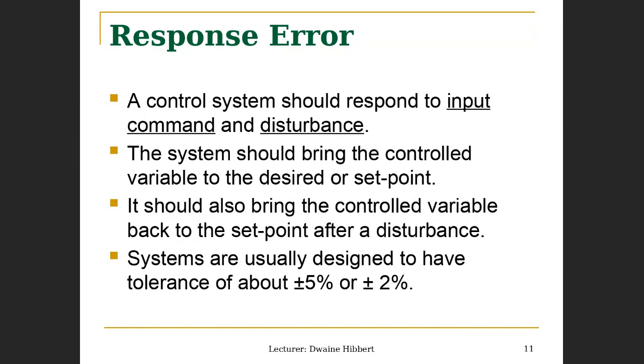So, for argument's sake, you're controlling a drone and the drone is hovering, and you set the drone to hover at, say, 100 feet above sea level, to keep it simple. That is what you set the set point to be. Now, if a gust of wind should disturb the drone, what would you expect?